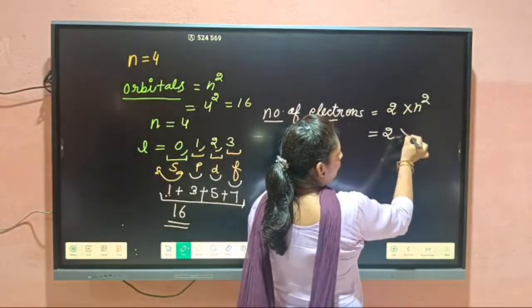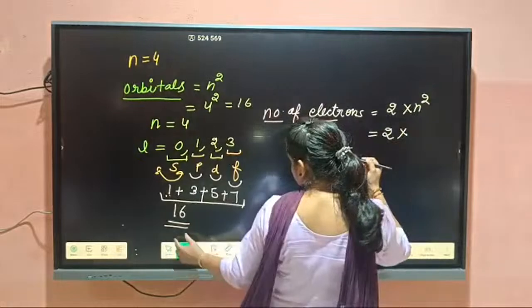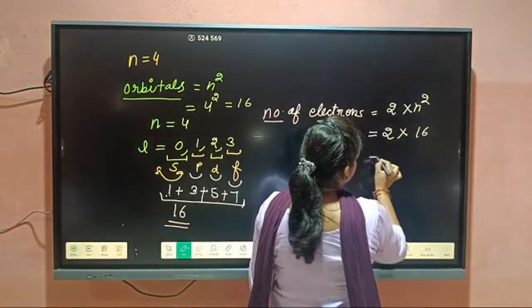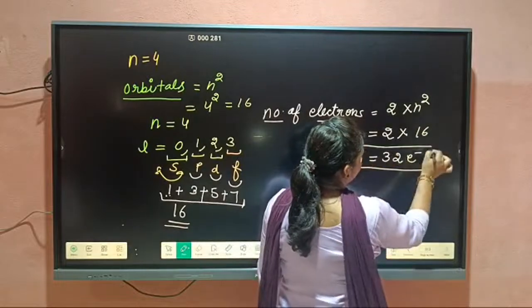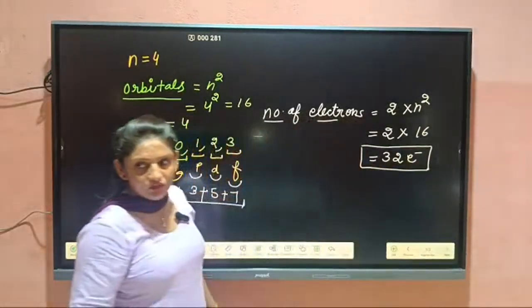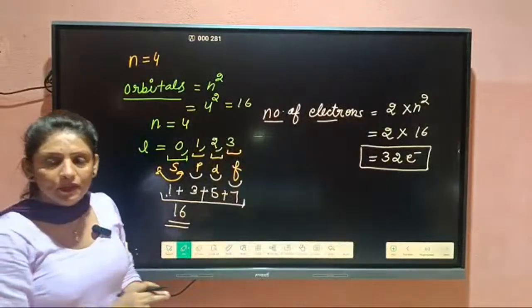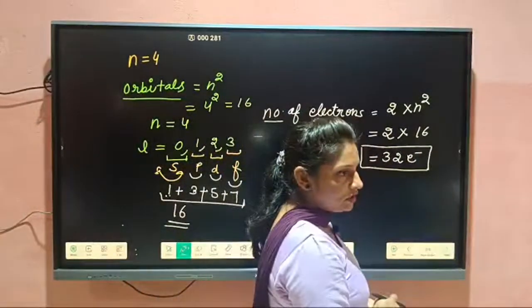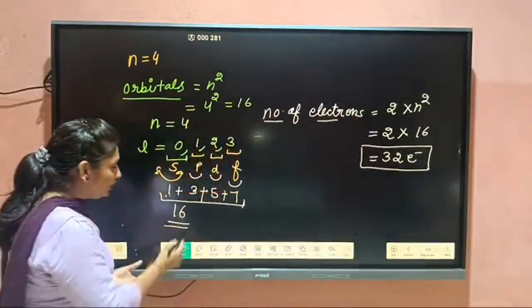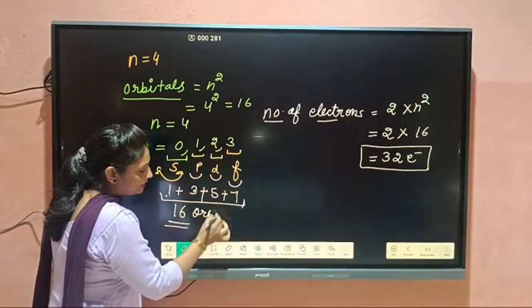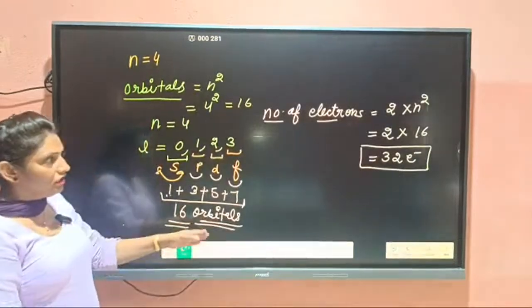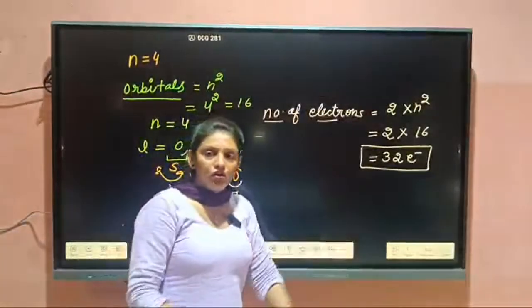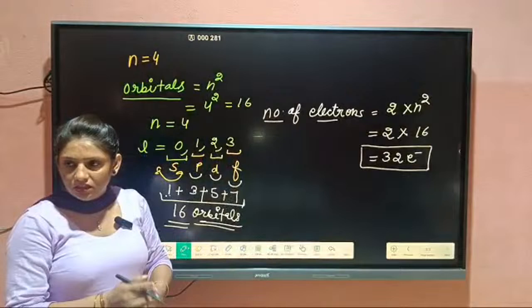If n square is 16, then 2 into 16 is 32 electrons. We can fill a maximum of 2 electrons in one orbital. So there are total 16 orbitals, and we can fill 16 into 2, total 32 electrons. Is it clear to you or not?